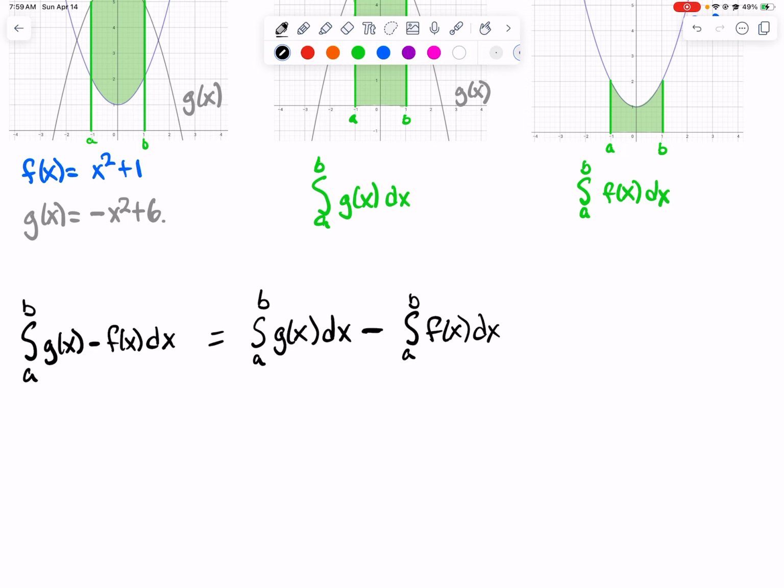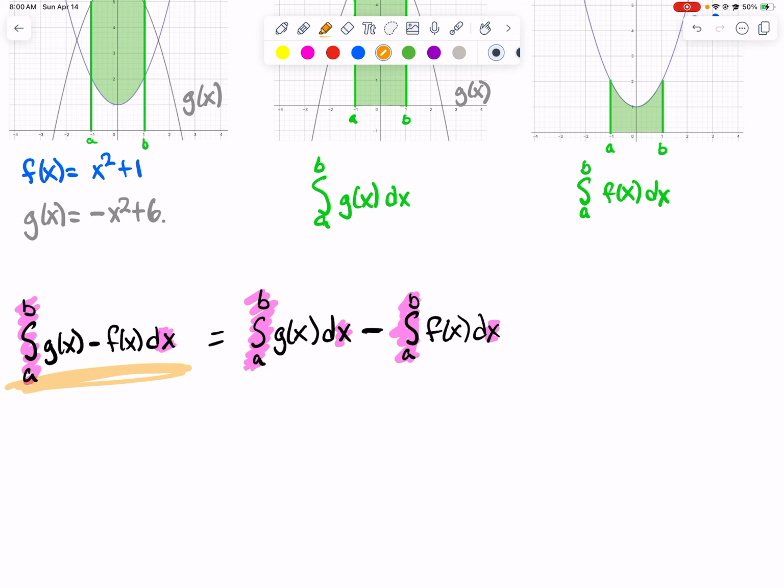The reason why we can do this is because we have these same bounds here, and we are using the same variable of x. So we can just put them together in one piece. We're going to use this one more often than not, just because it's simpler. We only have to take one antiderivative, and that way we're not trying to do 20 things at once.